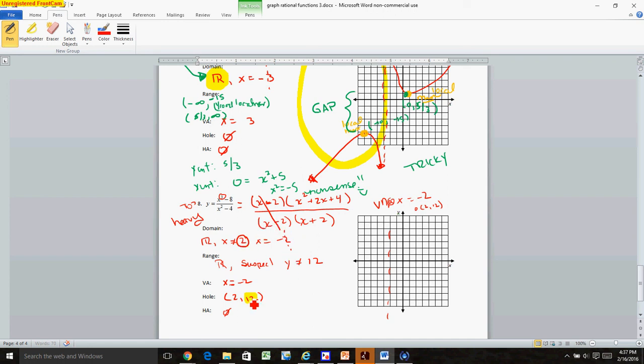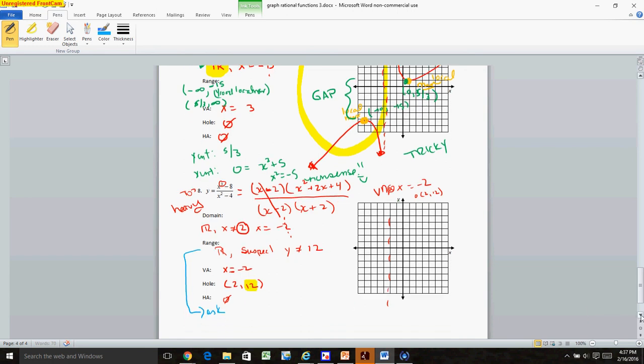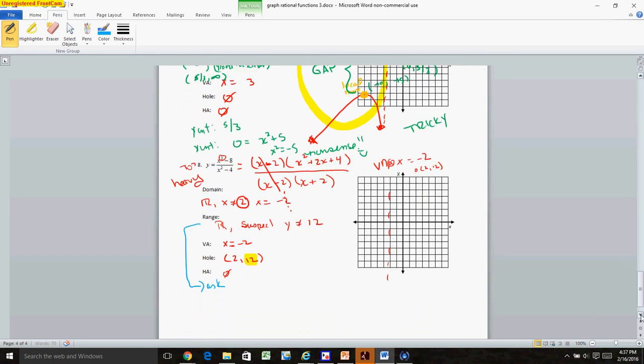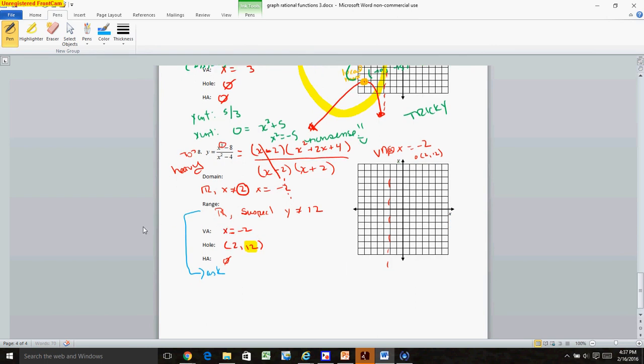Okay. So now, my suspect, I ask. Excuse me, function, and use the cleaned up one. Will you ever equal 12?